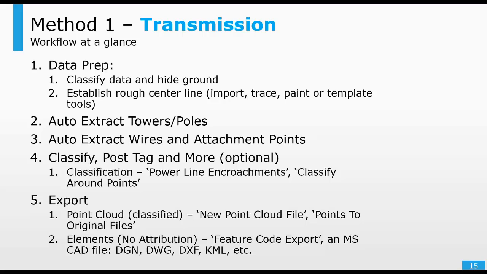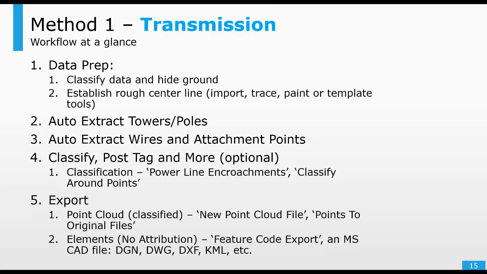If you're just carrying the elements forward, there's really no attribution as part of them, so they're just basically elements at that point, which you could use a feature code export or create a DWG or DXF or even a KML. Any attribution done here would have to be done post. The other two methods have attribution during the process.